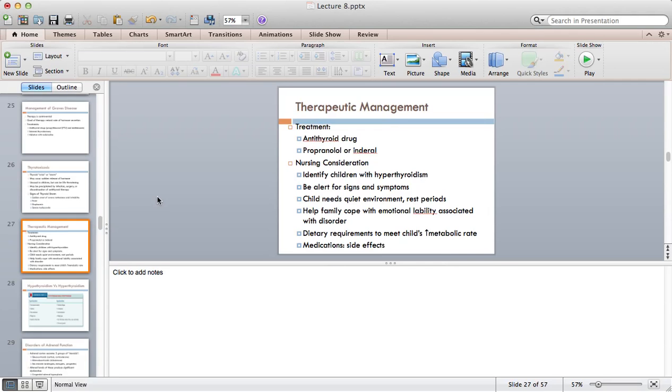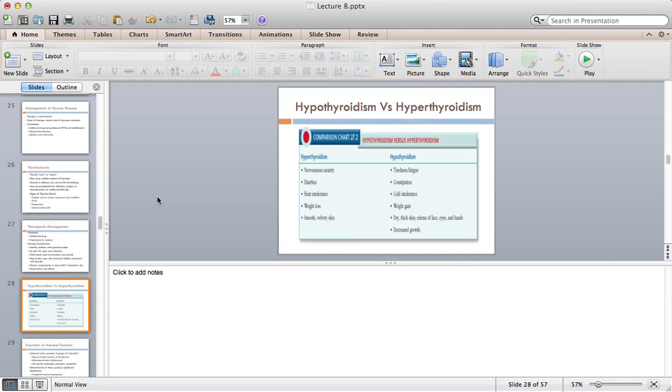So if you look at sluggish, cardiac, constipation as a result of slow motility of the GI tract, cold intolerance, weight gain because the child is just sitting, nothing is happening, so the child is gaining more weight, as opposed to the child losing weight due to that hyperactivity and over expenditure of energy, and then decreased growth.